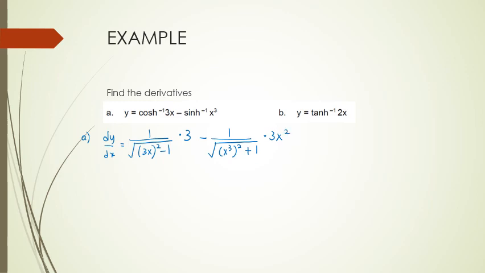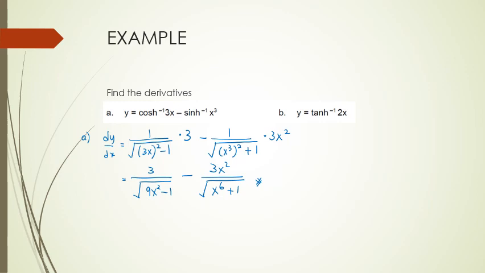Simplify, so we get 3 over the square root of 9x square minus 1, minus 3x square over the square root of x power of 6 plus 1. So this is the answer for A.